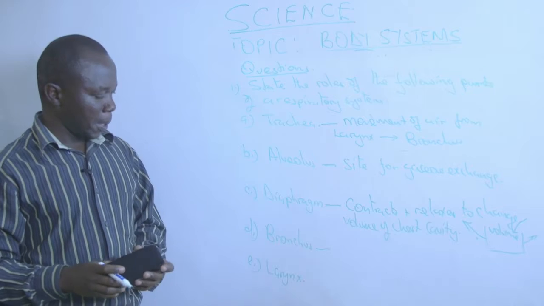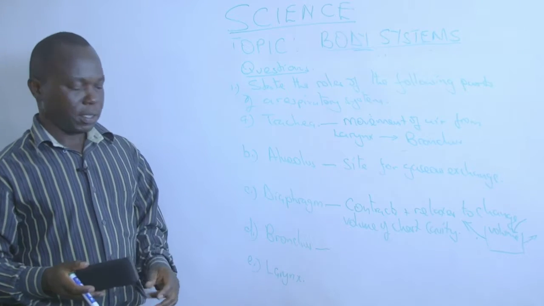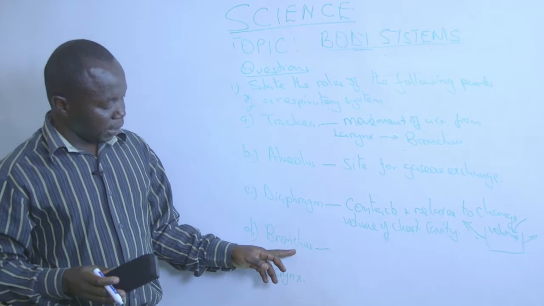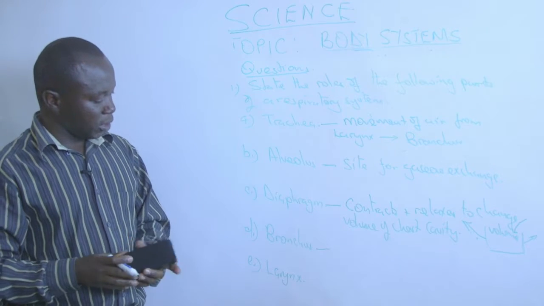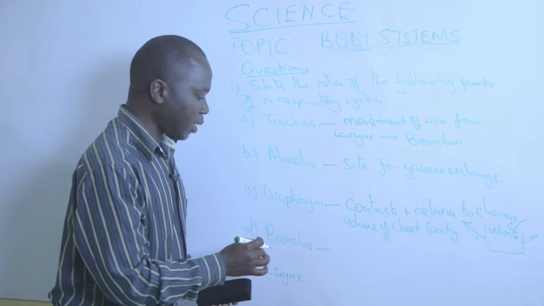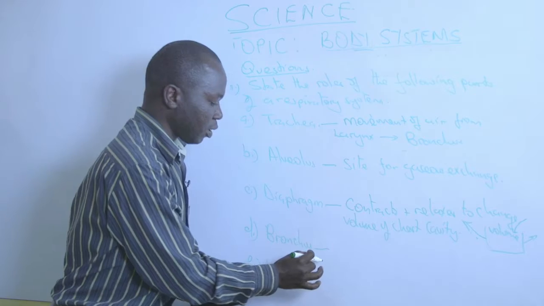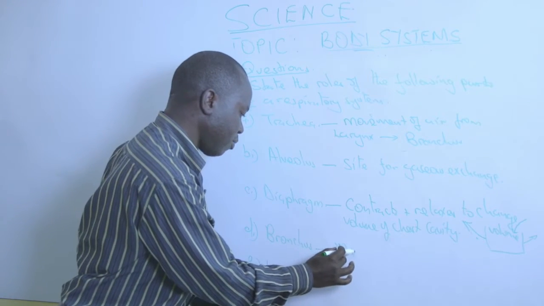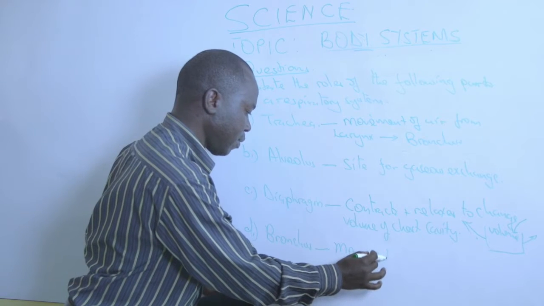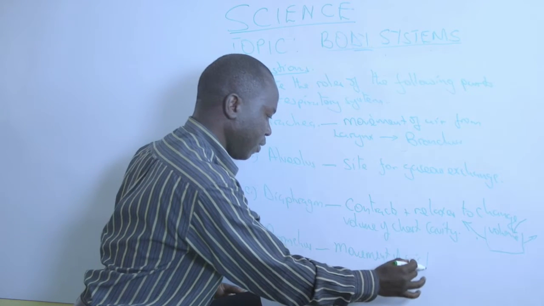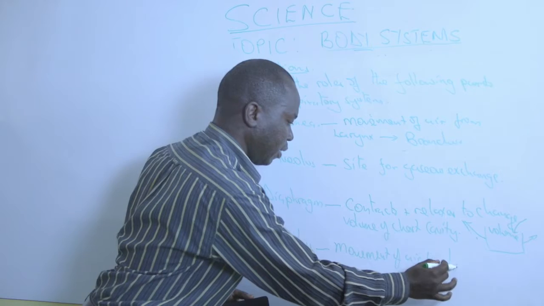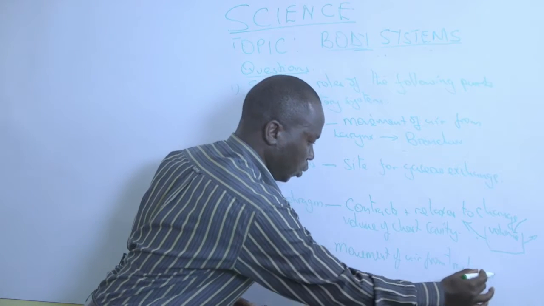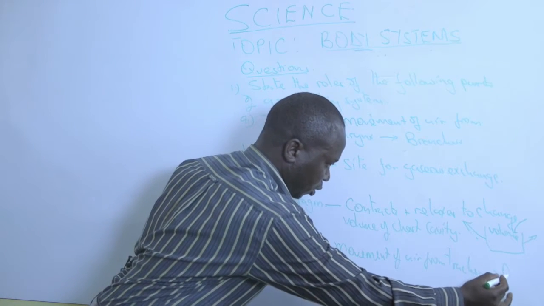The bronchus. We said bronchi are two branched tubes from the trachea, and their main role is to allow movement of air from the trachea to the bronchioles.